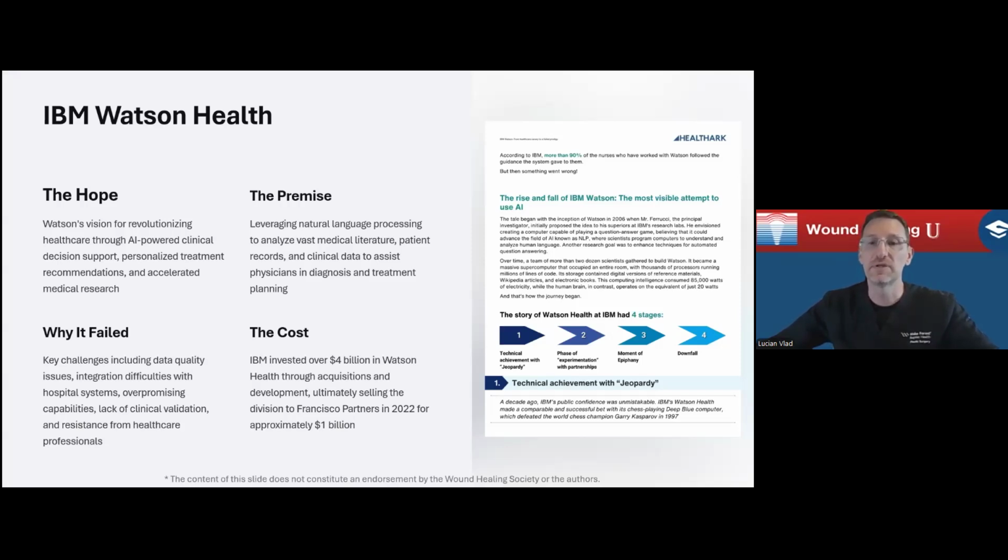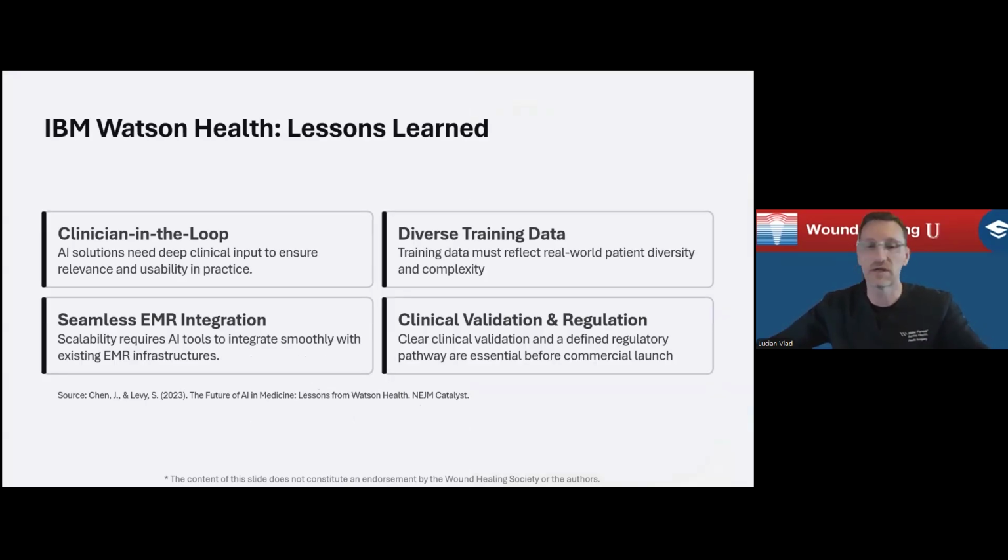So this ended up being a $4 billion investment in acquisition costs and R&D over approximately 7 years, which ended up being shut down eventually. But we learned a lot of the things from this system. And again, the rise and fall of IBM Watson sort of sent ripple to the system, and is making all of us better these days, is what we're hoping.